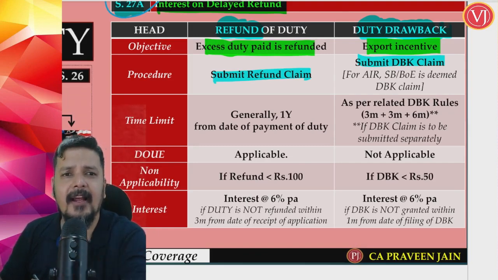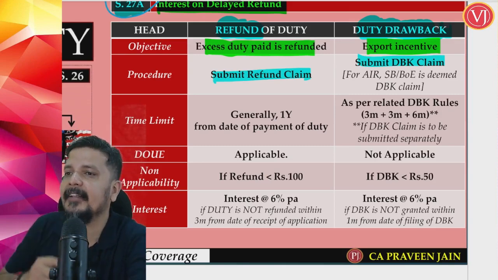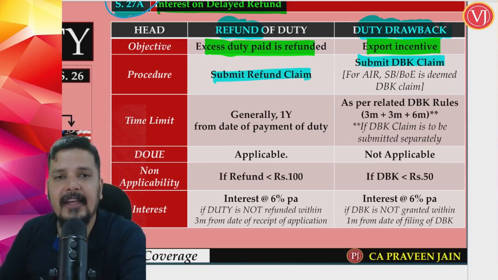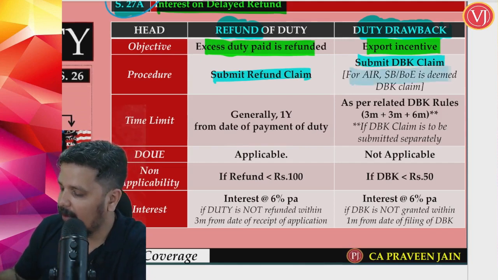Section 74 has major two types of duty drawback, 74 and 75. Under 74, there are 2 subcategories. Under 75, there are 3 subcategories. Out of the total 5 subcategories, under 75, there is one subcategory called all industry rate, average rate, AIR. For that all industry rate, your drawback claim is not required.